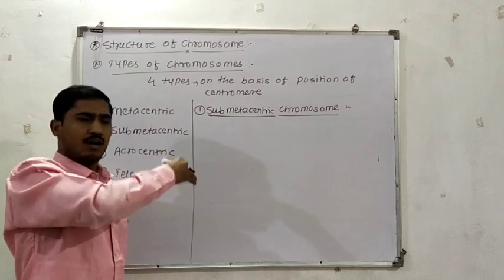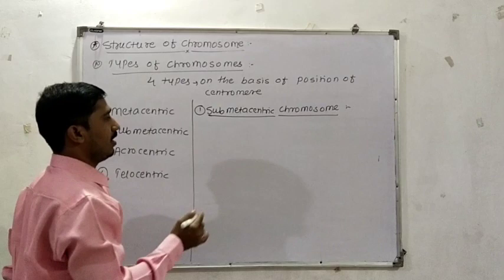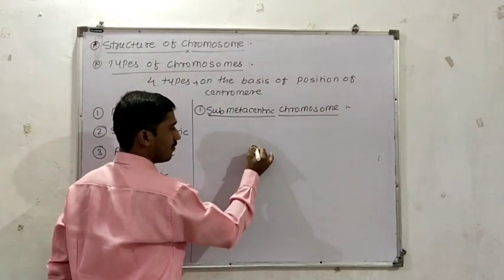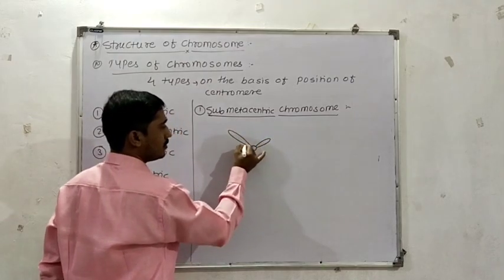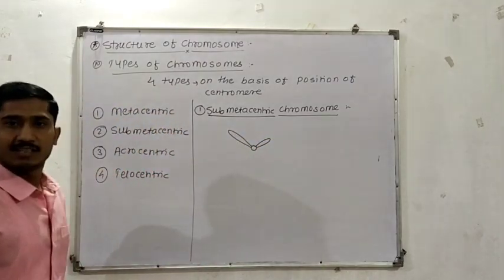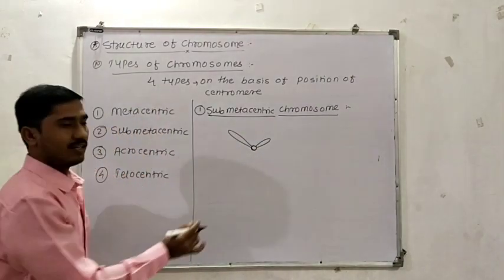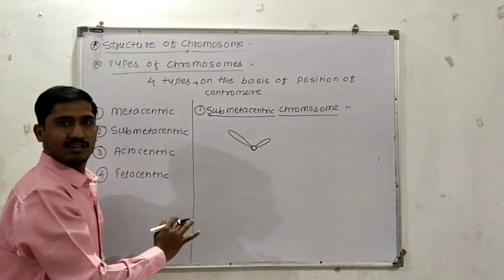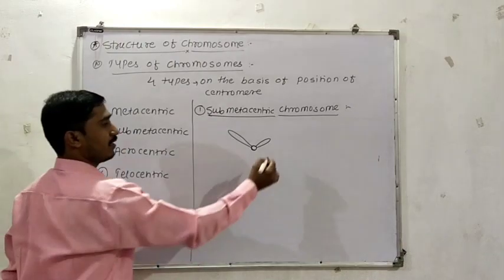Not too far or not exactly at center, slightly away from the center. So how do these chromosomes look? Suppose like this. Here, centromere is not at center. You can see the length of chromatids is different. It shows centromere does not lie at center.